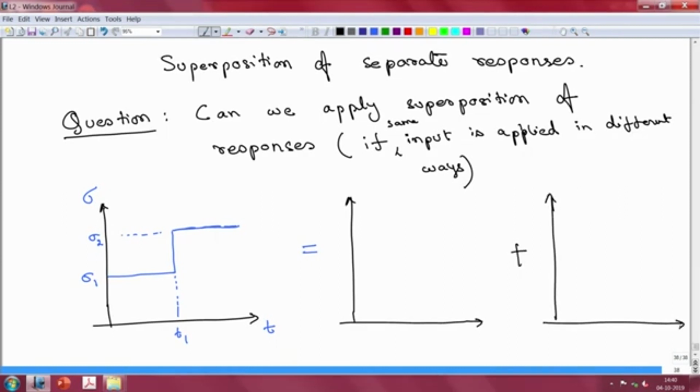You can actually make it in many ways, but one of the ways in which you can break up this input is that you have an input of sigma 1 for all times, and then suddenly at time t1 you apply another input signal, which is now sigma 2 minus sigma 1.